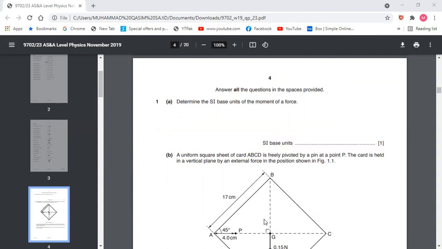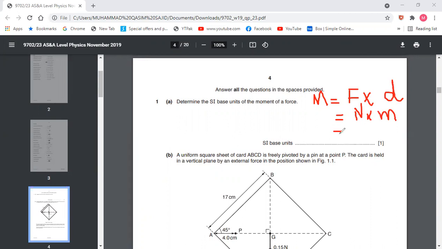So what is the moment of force? Moment of force is equal to M equals F, that is force, multiplied with distance, that is D, F into D. Force is in newton and distance is in meter.